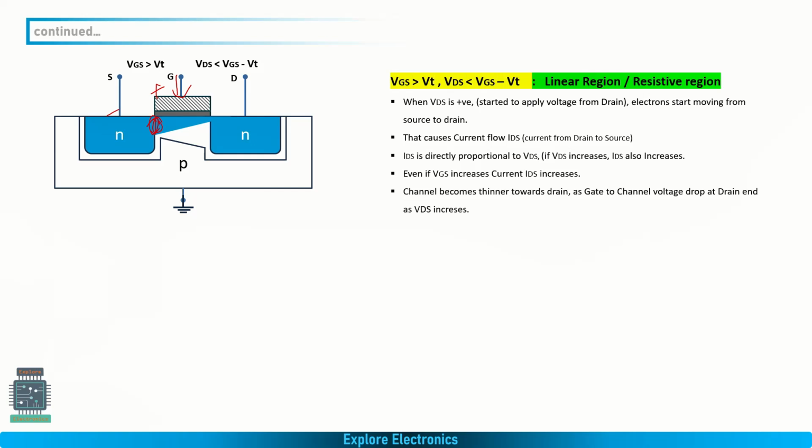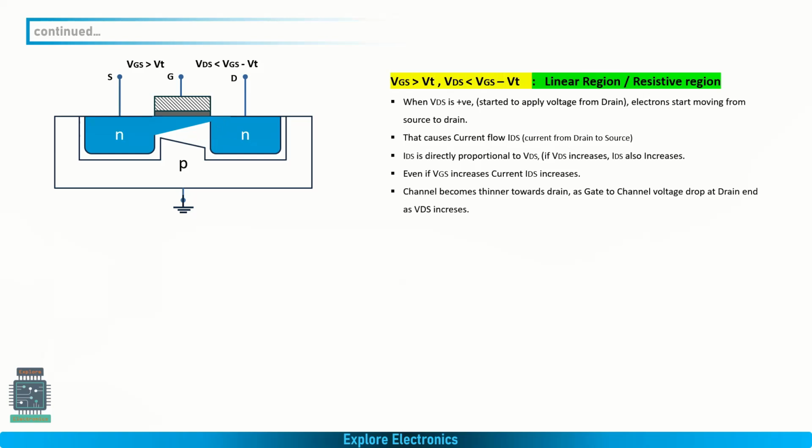At the drain terminal, if we apply a positive voltage at the drain, the gate also has a positive voltage, so the voltage drops and there are fewer electrons available at the drain end. That is why, if we keep VDS less than VGS minus VT, as we increase VDS, the current also increases. But if we increase VDS further, the channel becomes thinner towards the drain and finally it ceases.